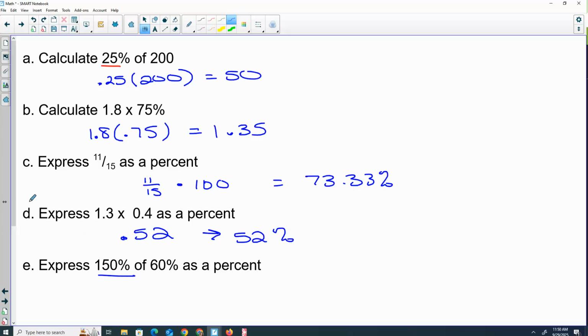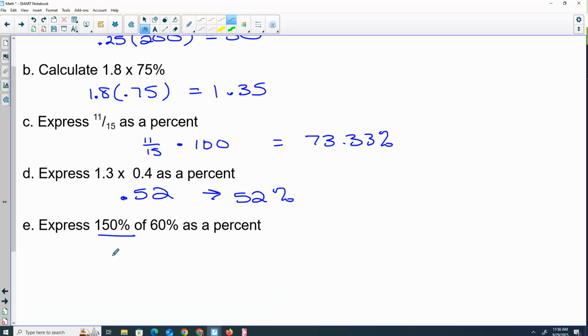Okay, 150%. That would mean 1.5. Of is times 0.6. So if I do 1.5 times 0.6, I get 0.9. What would that be in percent form? 90%.